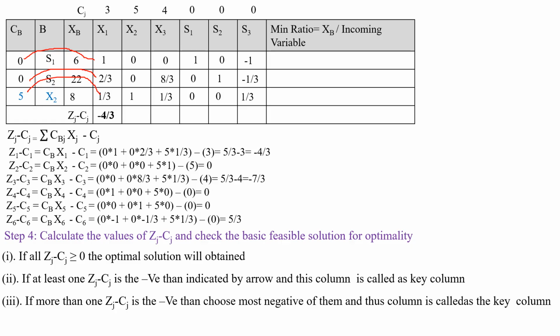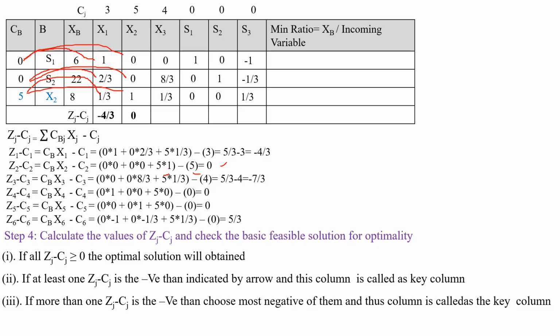Next for Z2 minus C2 for the x2 variable, that is 0 into 0 plus 0 into 0 plus 5 into 1 minus 5, which is equal to 5 minus 5, which is equal to 0.